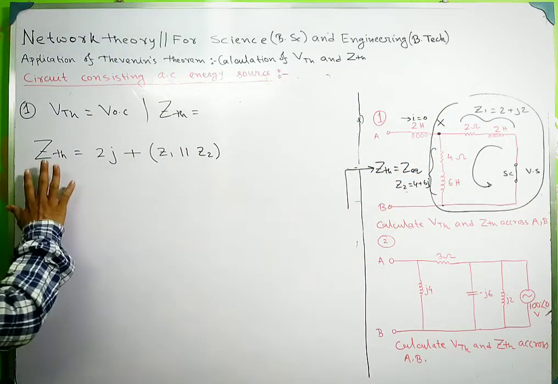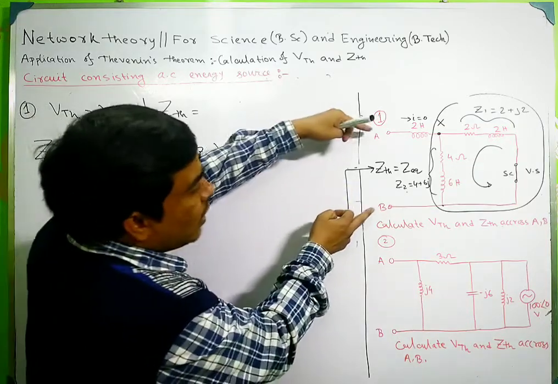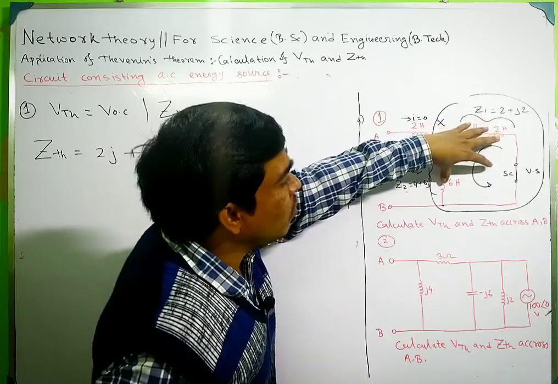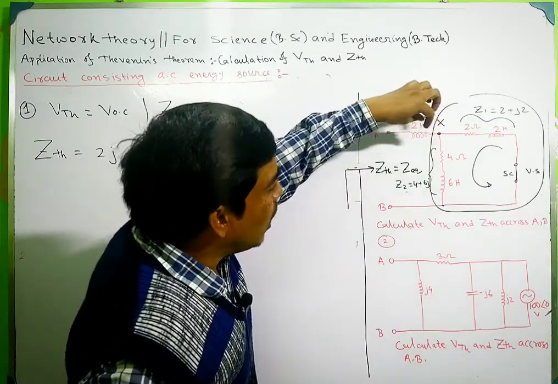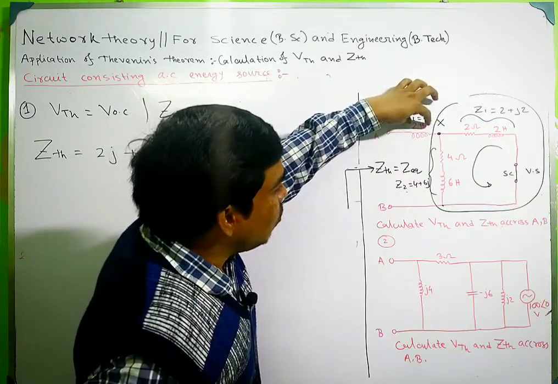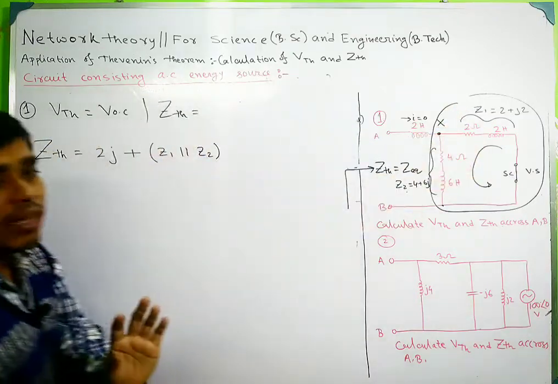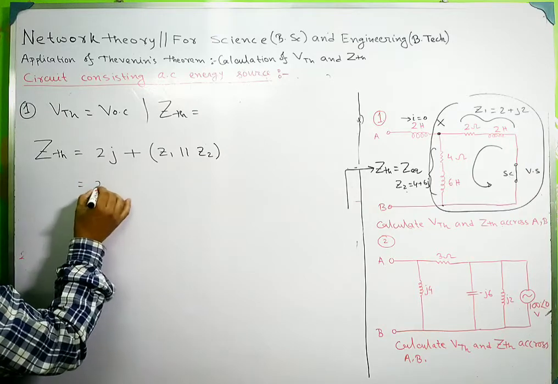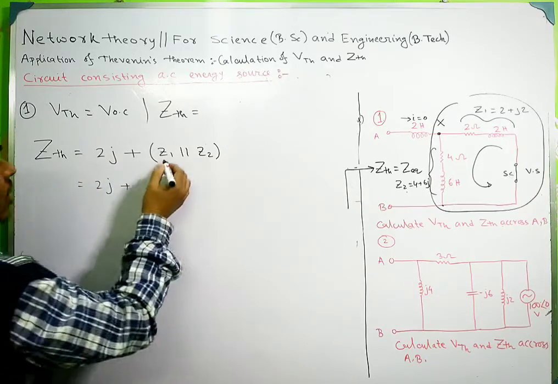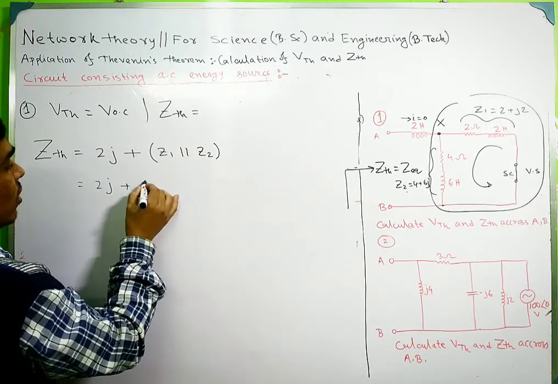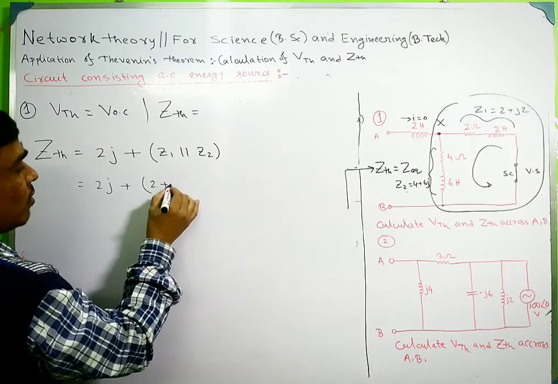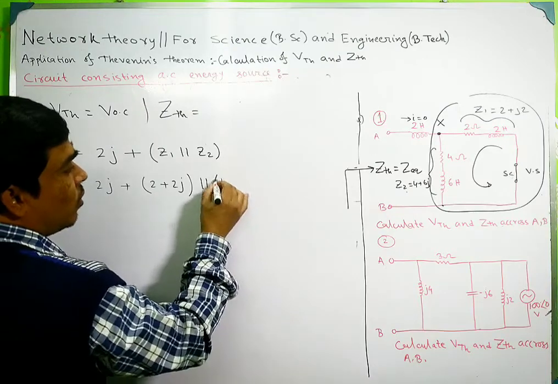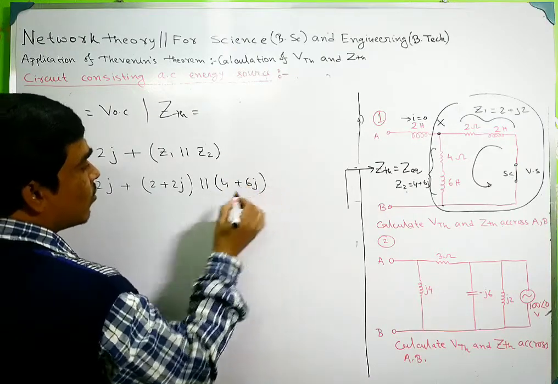Okay, so the equivalent impedance seen across this terminal is equal to the parallel form of Z1 and Z2, and this will be in series with this equivalent resistance. So it can be written as 2J plus Z1, which is 2 plus 2J, parallel 4 plus 6J.